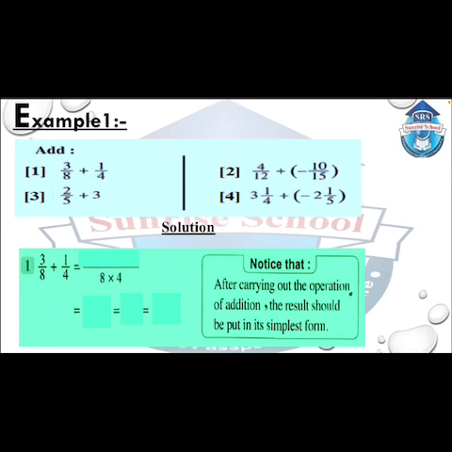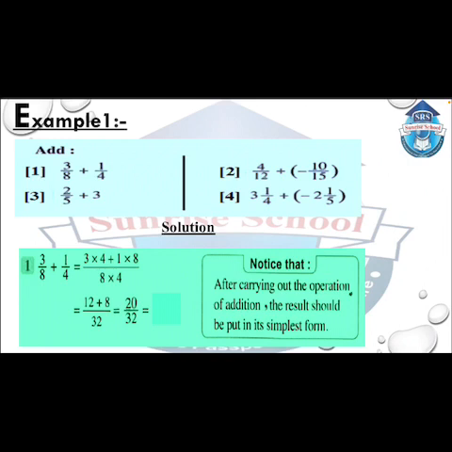Then I will take the first numerator multiplied by the second denominator and the second numerator with the first denominator. 3 multiply 4 plus 1 multiply 8, which will be 12 plus 8 over 32. 12 plus 8 will be 20 over 32.